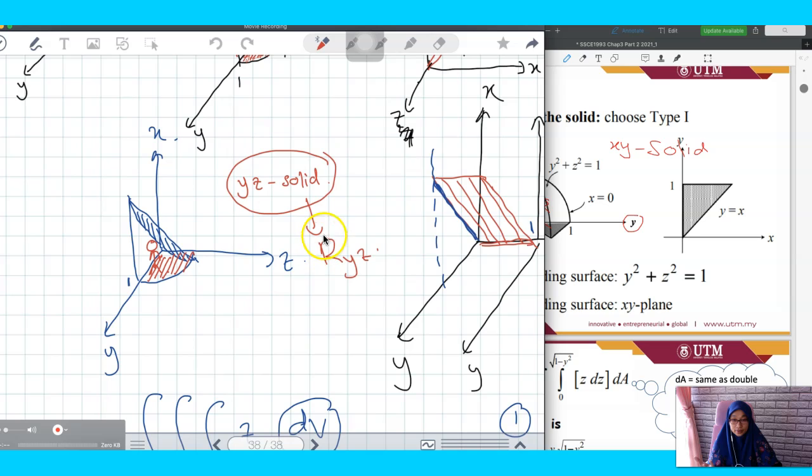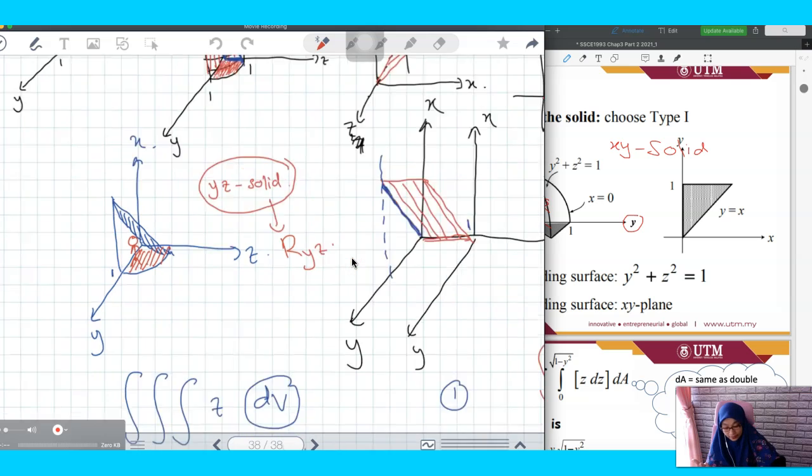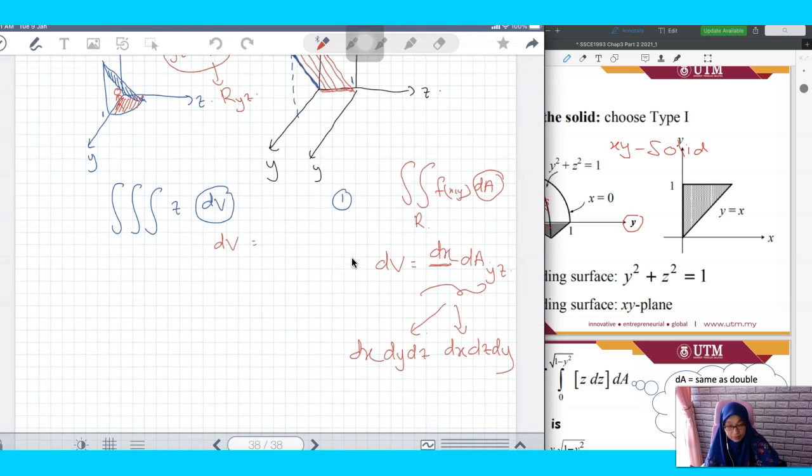Because of that, to determine the dV, we know that part of the dV is dA, and dA refers to the region.